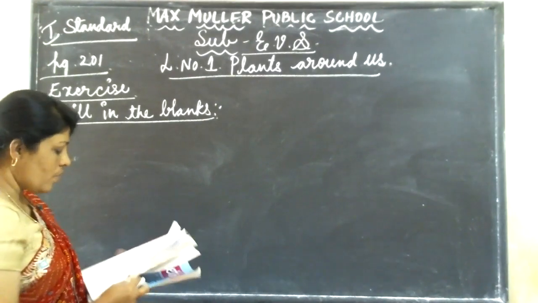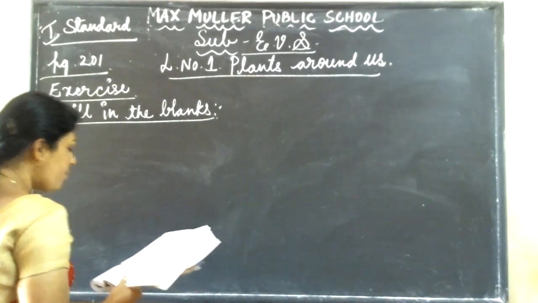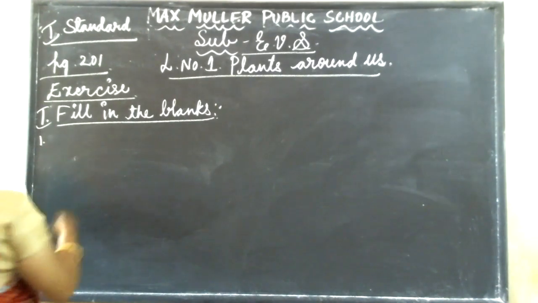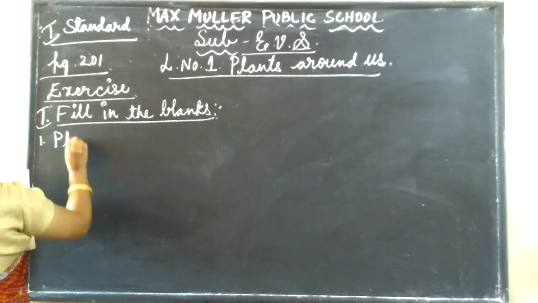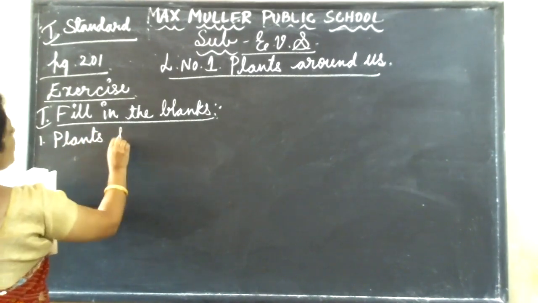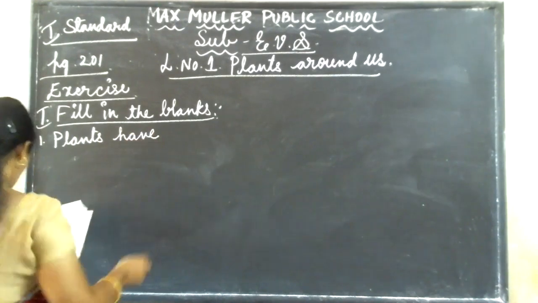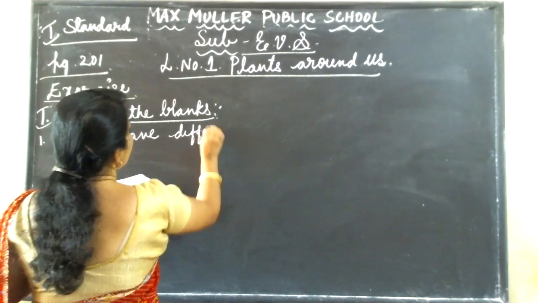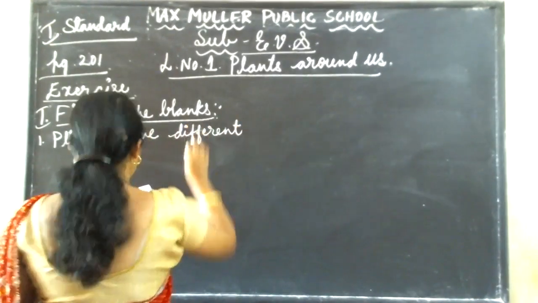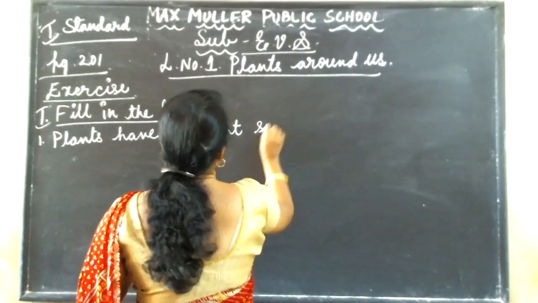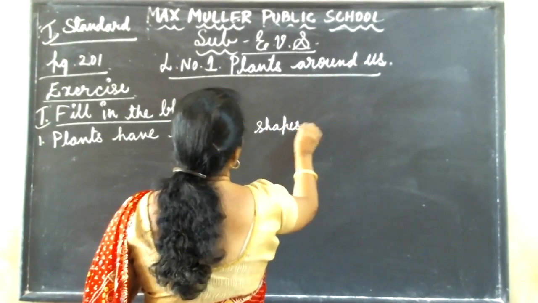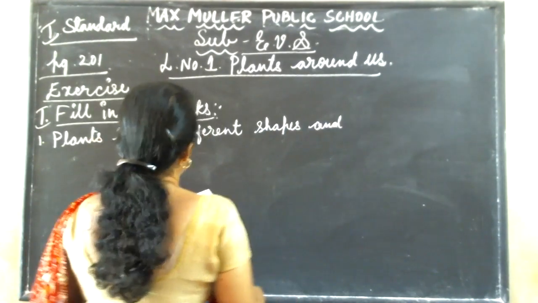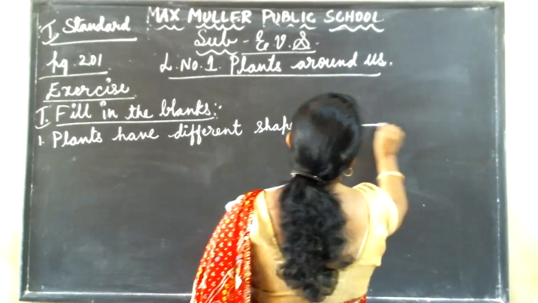See the first one. Plants have different shapes and dash.